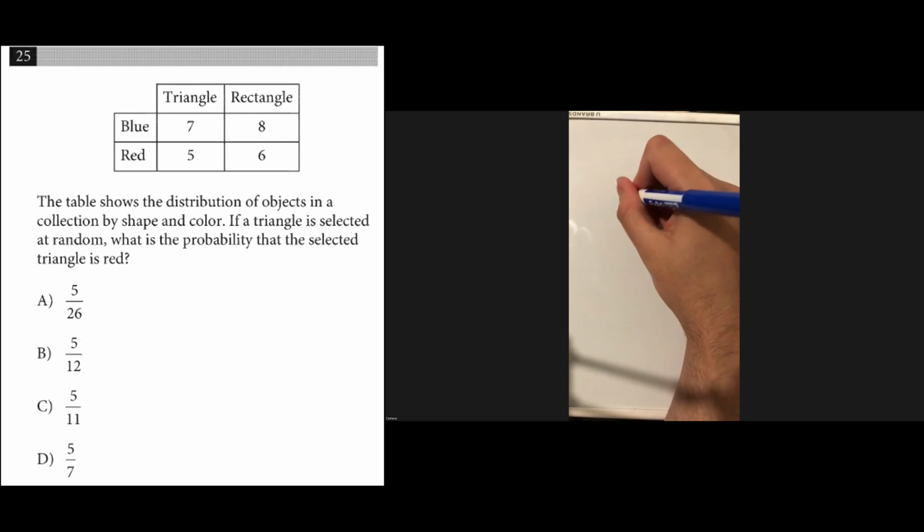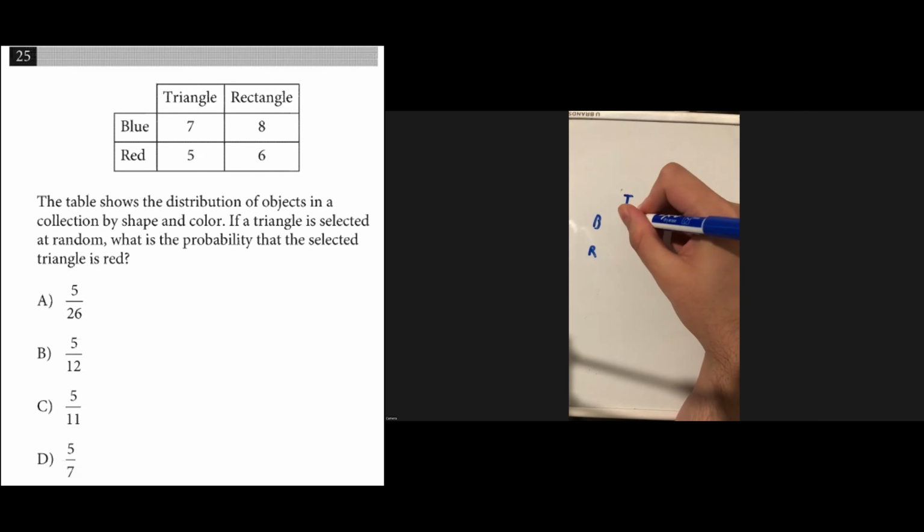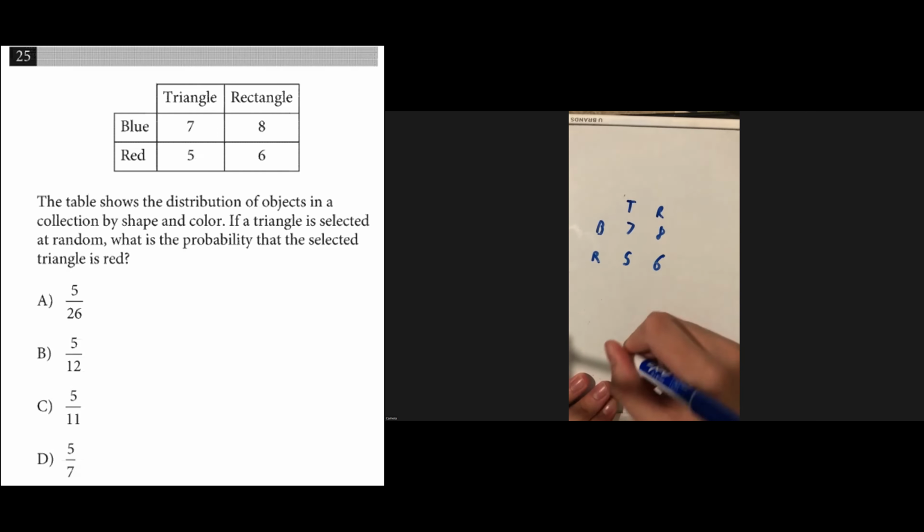Okay, so for this one, we're given a table with triangle, rectangle, blue, red, 7, 8, 5, 6. And we're asked if a triangle is selected at random. So if a triangle is selected at random, it means that they had to have selected a triangle.